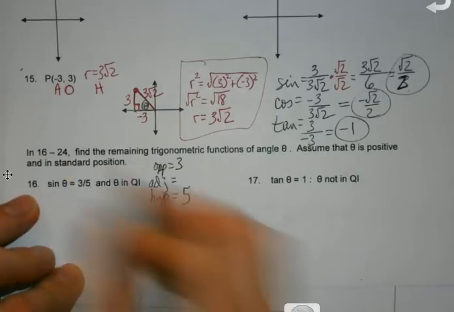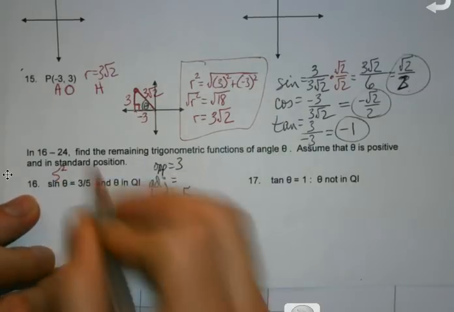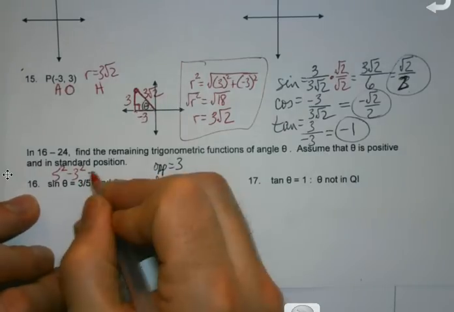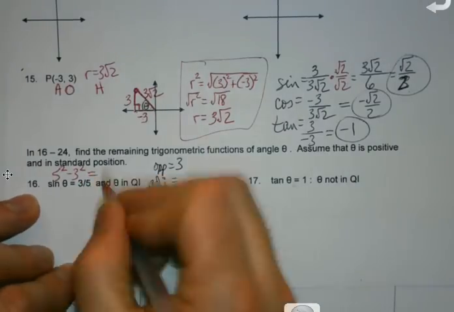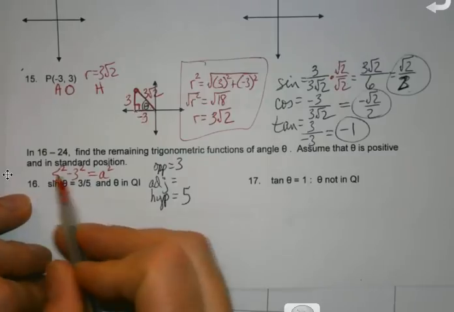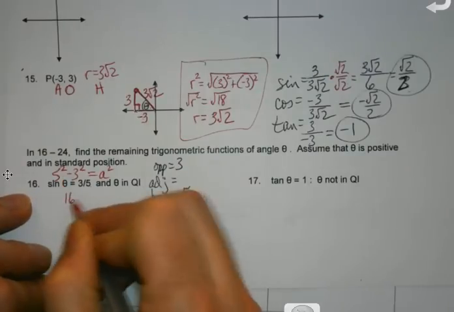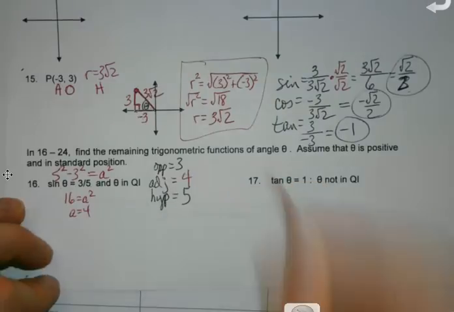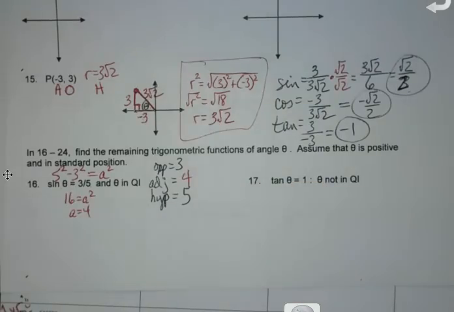So in this case, I have the hypotenuse squared minus leg squared is going to give me my adjacent side squared. So 25 minus 9 is 16. So my adjacent side is going to be 4. And once I figure that out, I can start running with it.